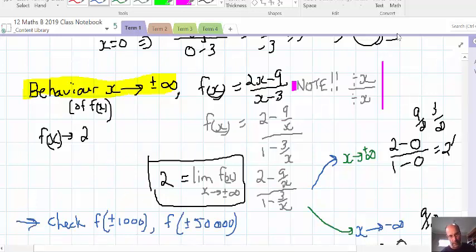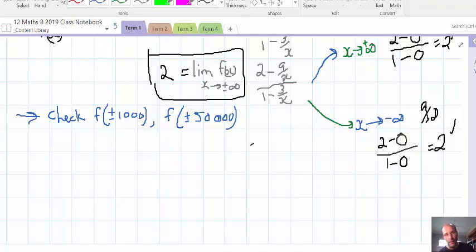So that's the upshot of that. And if you weren't confident with that, you could check it by subbing really big values into the function, like 1,000, then 50,000 or whatever, as long as they're big numbers, positive and negative, and you'll see that it's tending towards 2. So a very important conclusion from that.